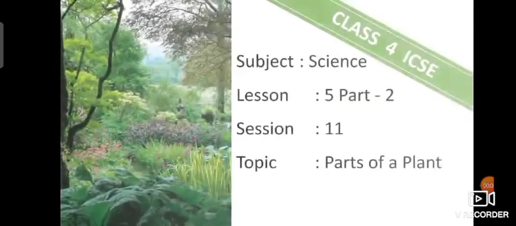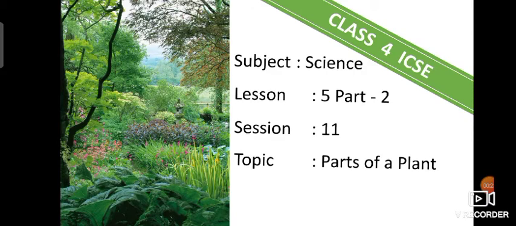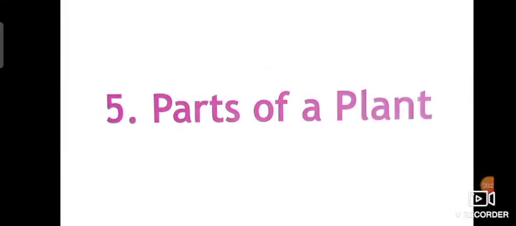This video is for class 4 ICC children, subject science, lesson 5, part 2. This video is session 11. The topic is parts of a plant. What is the topic? Parts of a plant.